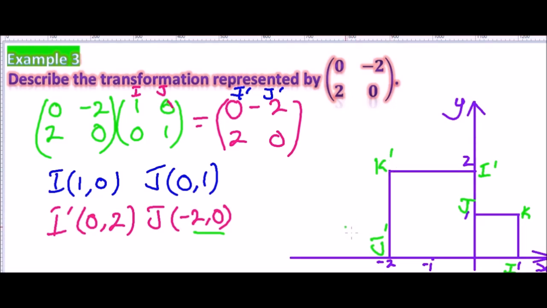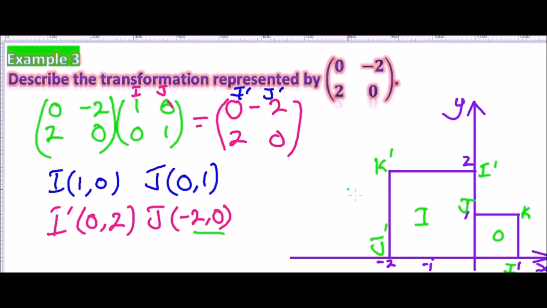If you observe this, since this is our object and this is our image, what has happened to the unit square? It has been enlarged. First of all, if you reflect the unit square through the line y-axis, you get the first figure. Then you enlarge it, enlargement scale factor 2, you will be able to get this image.